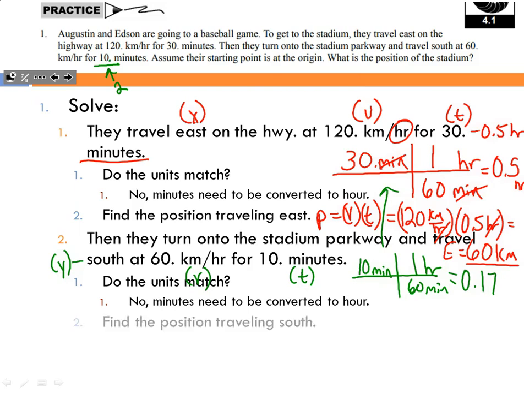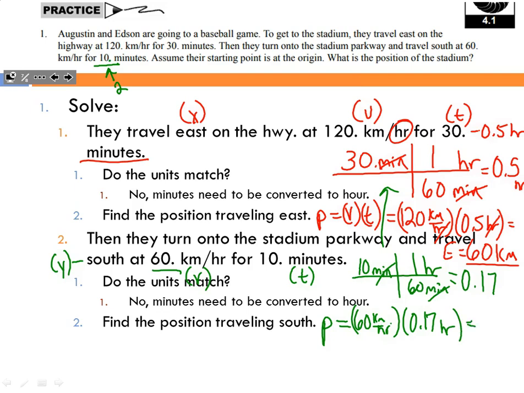All right. So now find the position traveling south. I've got my 60 kilometers per hour. Multiply that by 0.17 hours, because we have converted those.